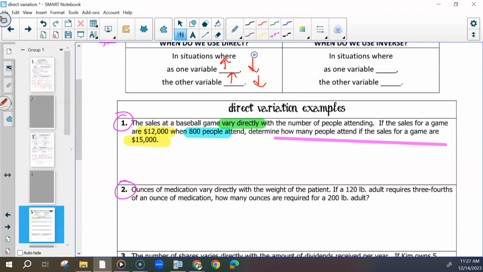When you do this, whatever comes before those words is going to be your y, no matter what. Whatever comes after is going to be your x. So every time you see sales or amount of sales, that's going to be a y. Every time you see number of people, that's going to be an x. So in our question, are we looking for y or for x?